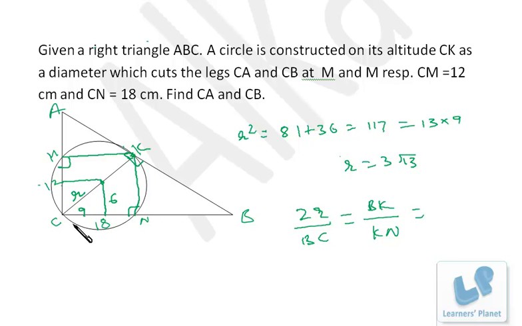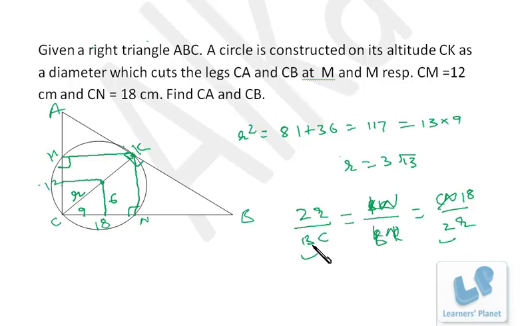The third side of this triangle is CN, and the third side of this bigger triangle is CK, that is 2R, right? So CN is nothing but 18, right?